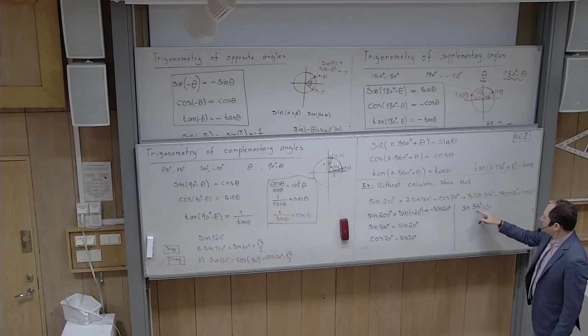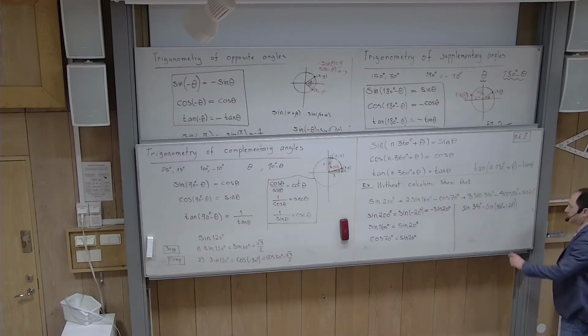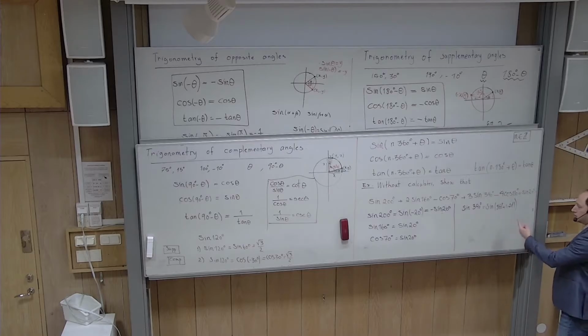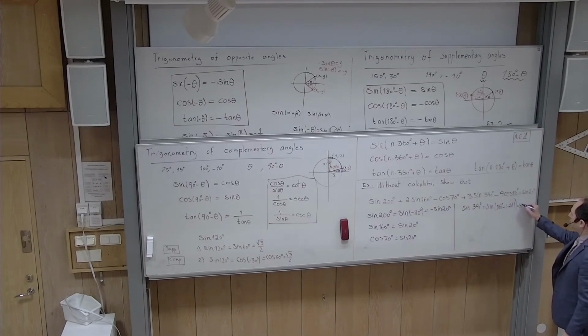Instead of this, do you agree that I can write 360 degrees plus minus 20? 360 degrees plus minus 20 is exactly 340. But why is this useful? Because this is one full round I am adding to an angle. I will return to the same point, so I can just drop that. This becomes sine of minus 20. And then what is the answer? The minus sign goes out, so it becomes minus sine of 20 degrees.